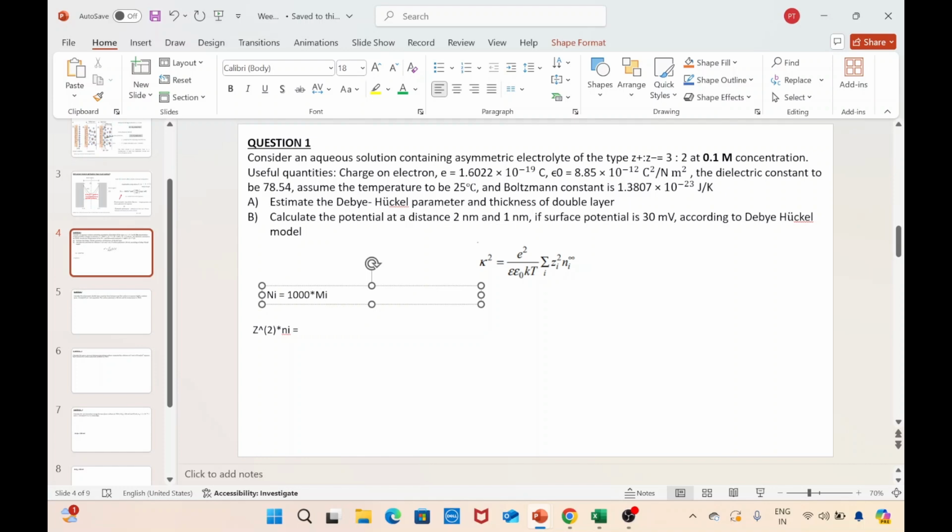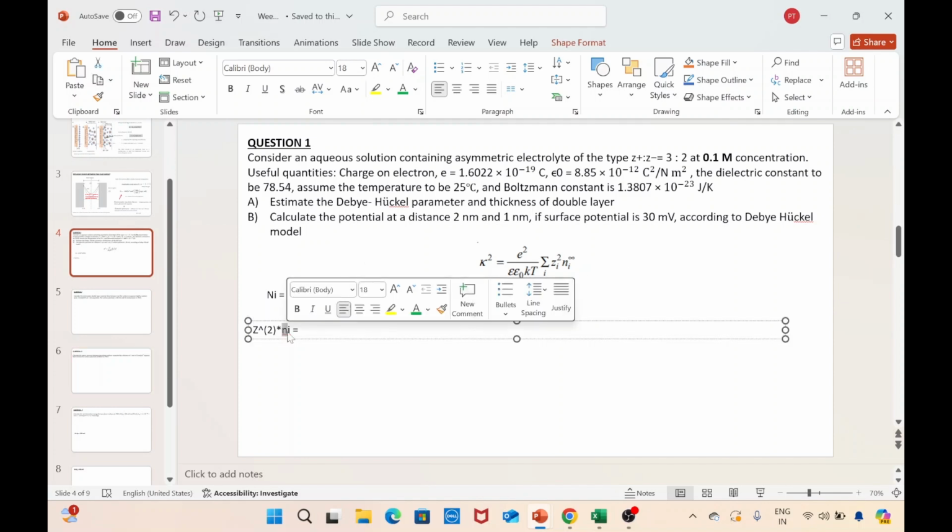Here it is 0.1 molar times Avogadro number. So we can take this 1000 and Avogadro number outside of the sigma because they are constant quantities, and just evaluate this Zi squared times Mi.